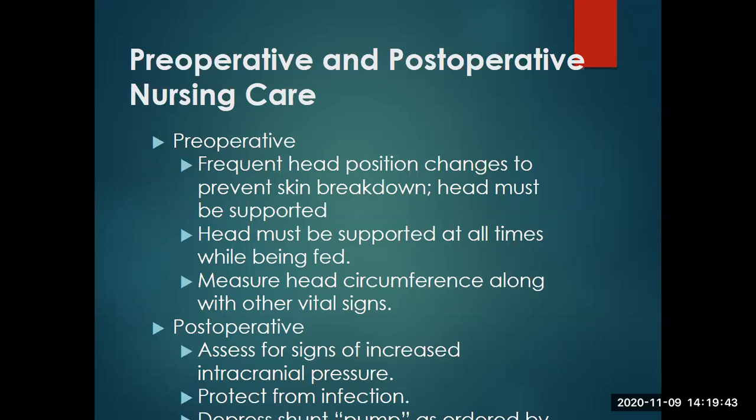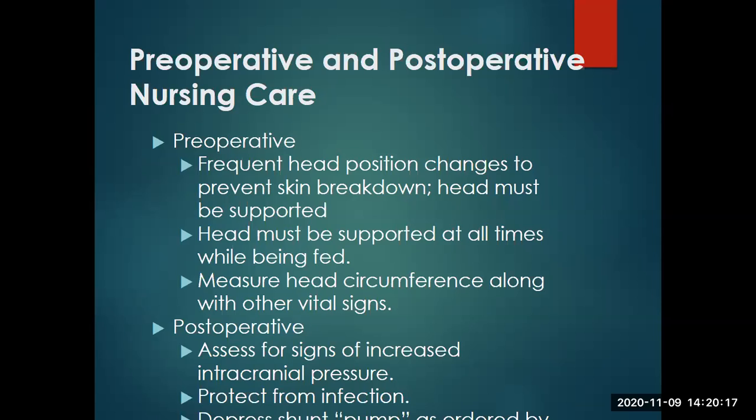So during the time of post-op, in addition to your routine post-op care and the way you observe anyone after they come from surgery, you're also going to be observing for signs of intracranial pressure, again, the ICP, and also observing for infection at the operative site, and where the line of the shunt is going to be.